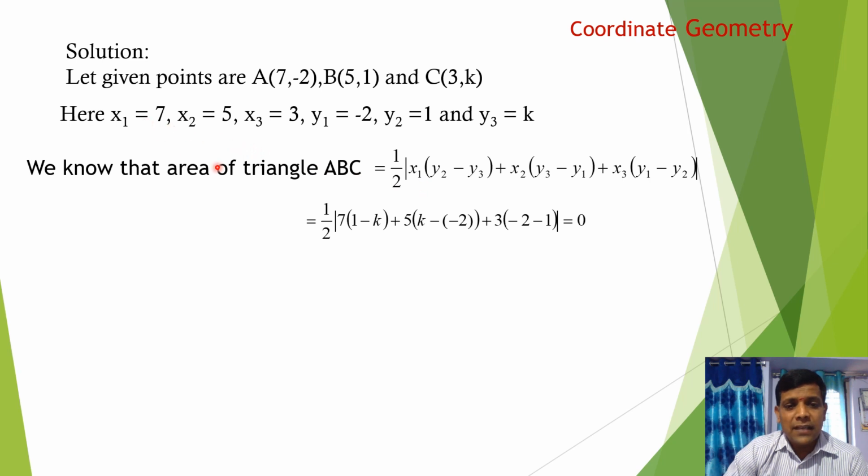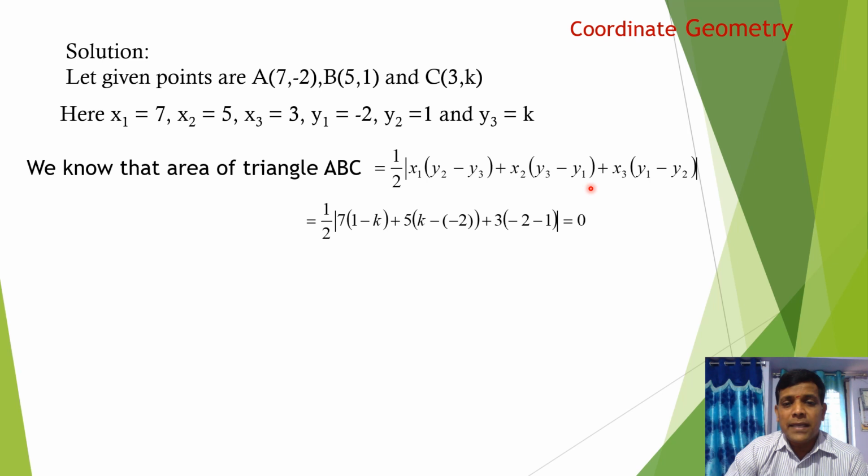Half into x1 means 7 into y2 minus y3. So y2 minus y3 means y2 value 1 and y3 value k, 1 minus k, plus x2 into, what is the value of x2? 5 into y3 minus y1.